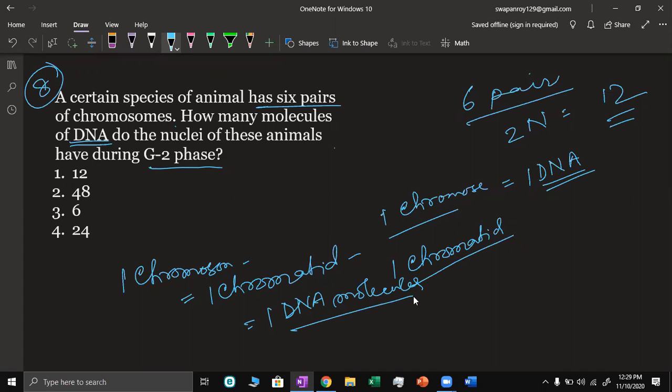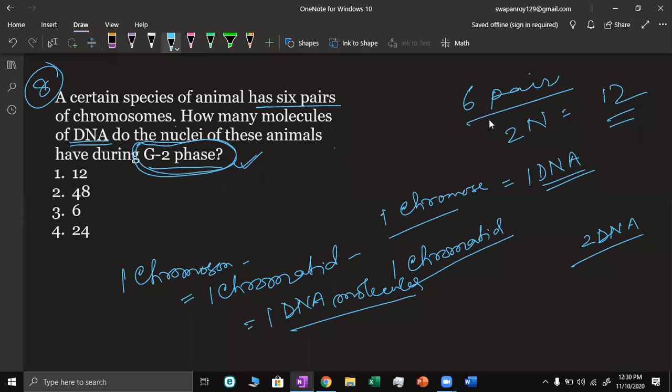Okay. But now the cell is in the G2 phase. What happened before the G2 phase means DNA synthesis, the DNA has duplicated. From one DNA, two DNA molecules have been formed.